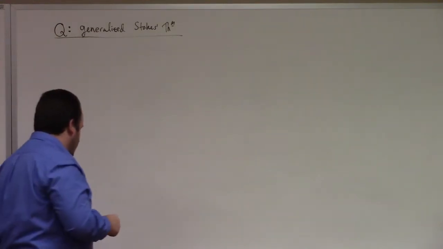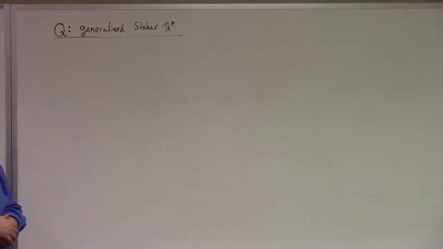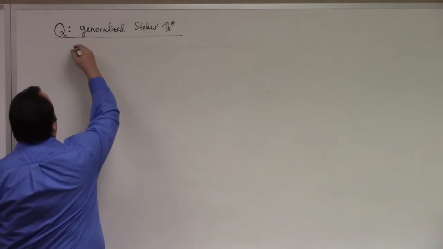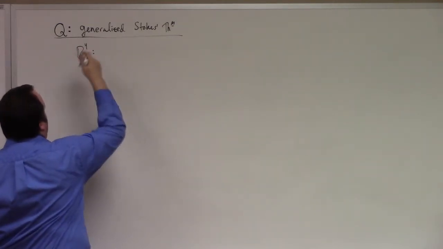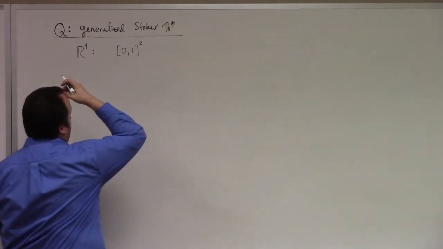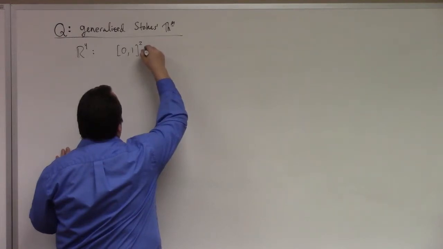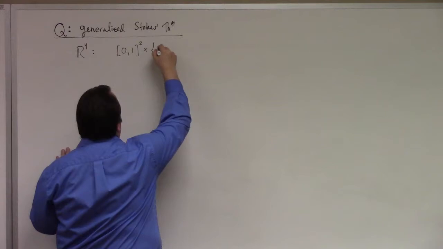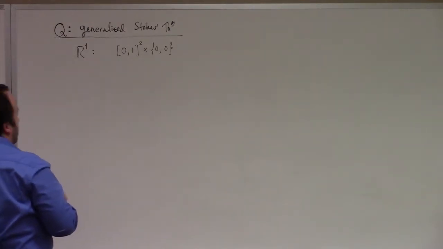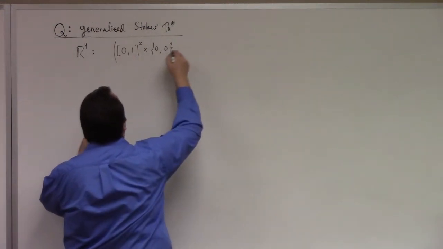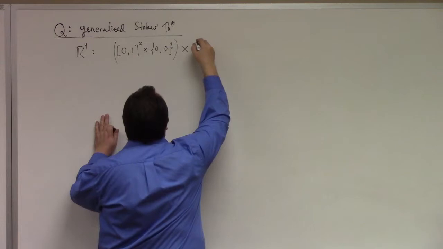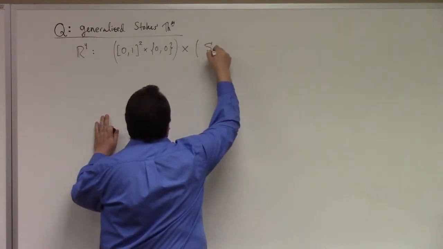But let's think about a volume in R4. Inside R4, we could look at the volume formed by taking the unit square at the point 0, 0, and we could take the Cartesian product of that with, I don't know, S1.